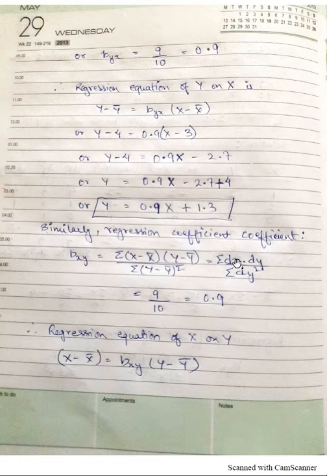So summation dx into dy is 9 as we already know, and summation dy square again is 10. So it will again be 9 divided by 10 is equal to 0.9.